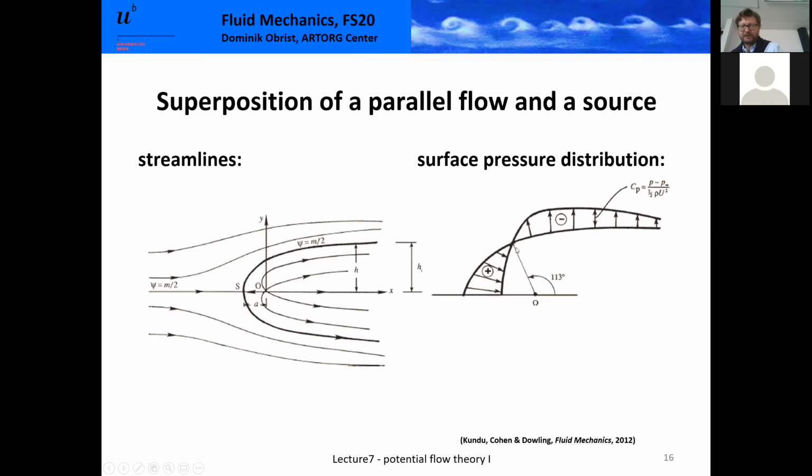And then at this point, for this particular shape, it's at 113 degrees, the velocity increases, or the flow is accelerated. So it's higher than the nominal velocity. So we have a negative pressure, negative relative to the ambient pressure. And you see here, P, the local pressure, minus P infinity.